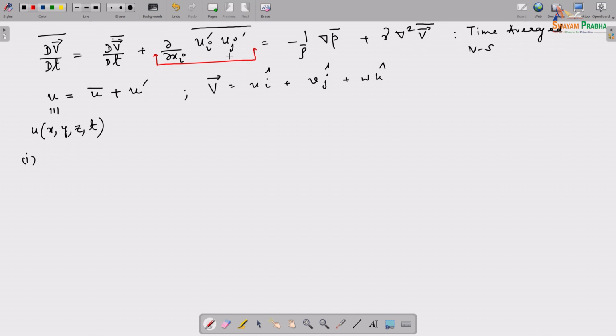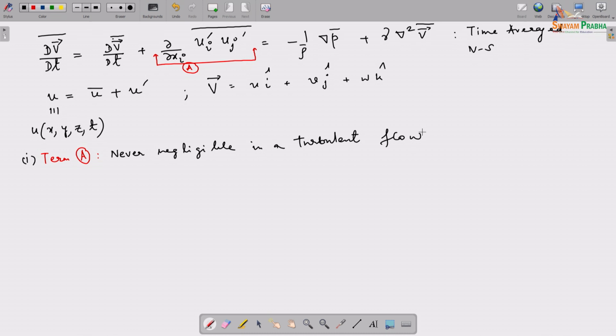I'm going to call it, say, A. So what I'm talking about here is term A. It is never negligible in a turbulent shear flow. Actually, we'll get to that later.